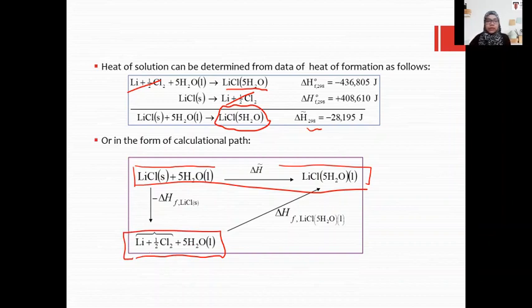And then second, from this heat of formation, we add all the elements to give us the heat of formation for lithium chloride. And then finally, we can obtain the heat of solution. So we add the first step and second step to give the final answer.